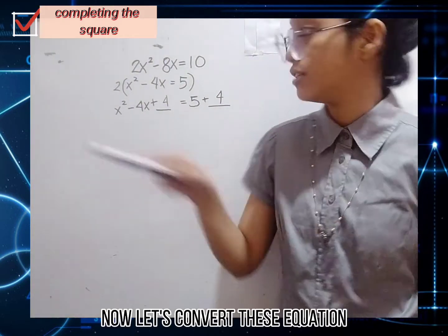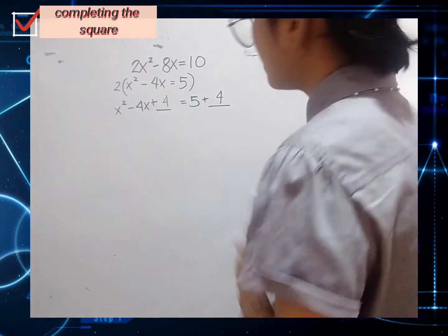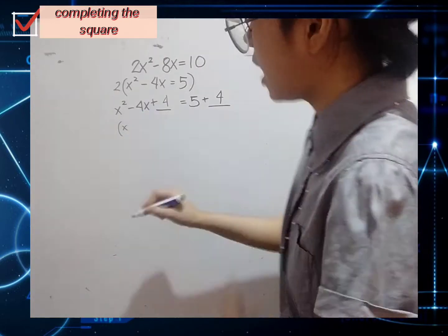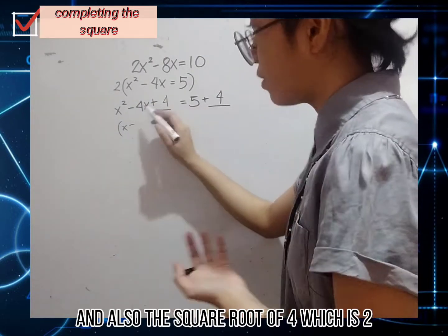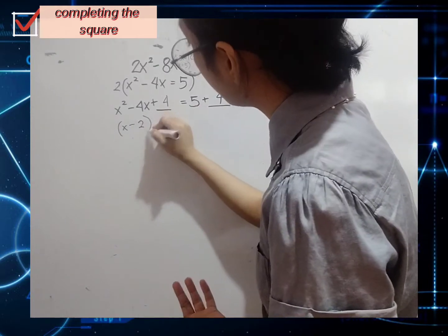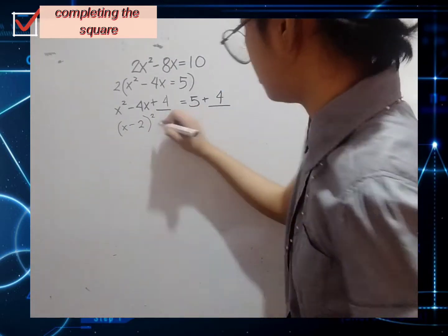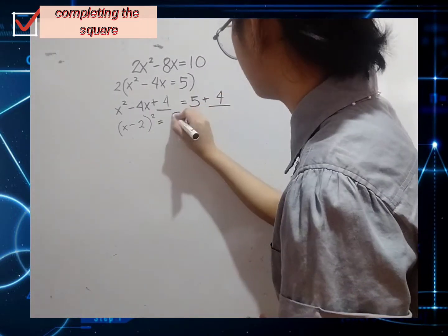Now, let's convert this equation into a square of a binomial. Here, the square root of x squared is x, the sign is negative, and the square root of 4 is 2. So it is x minus 2, squared, equals 5 plus 4, which is 9.